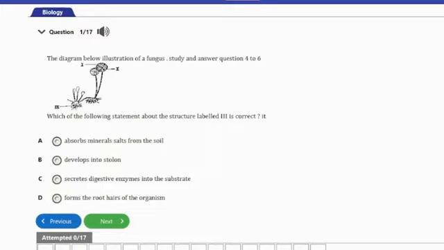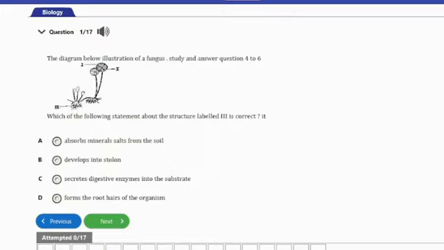C. Secretes digestive enzymes into the substrate. D. Forms the root hairs of the organism. So guys, the structure here labeled III is actually the rhizome of this fungus, and as such it secretes digestive enzymes into the substrates. And that's it for this question.